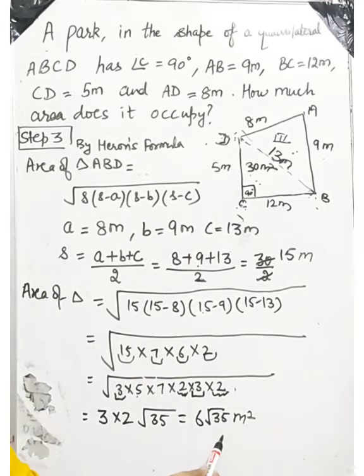You have already learned how to find the square root of a number in previous classes. So you have to find the square root of 35 up to 2 decimal places. Square root of 35 is equal to 5.91. Now multiply 5.91 with 6.